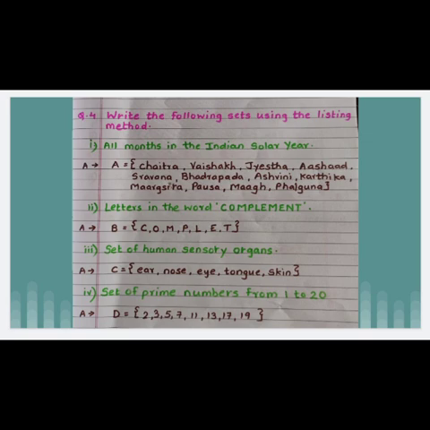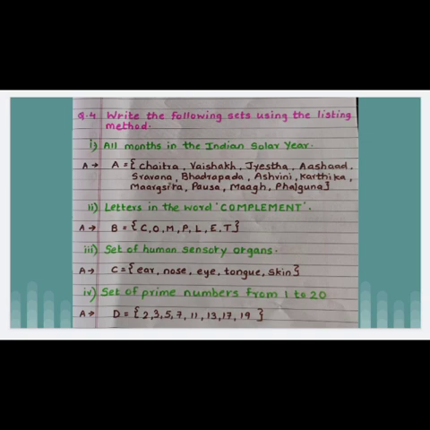Indian solar year means Marathi months, which are Chaitra, Vaishak, Jeshta, Ashad, Shravan, Bhadrapad, Ashwin, Kartik, Margashish, Paush, Magh, Falgun.